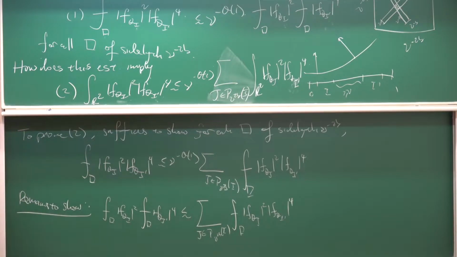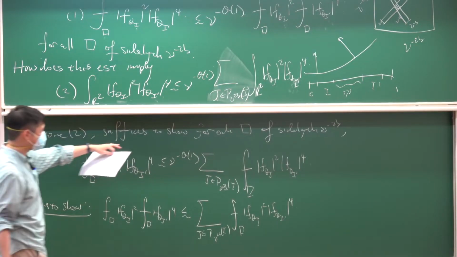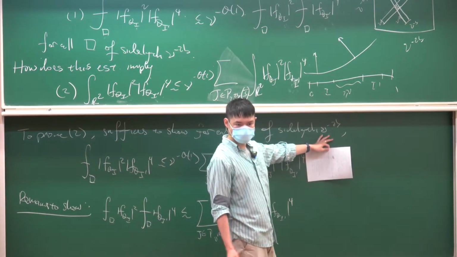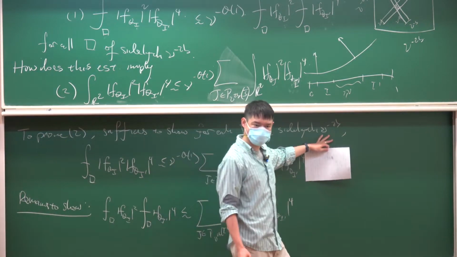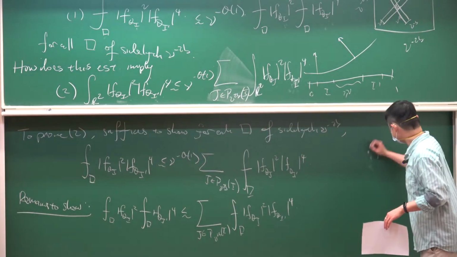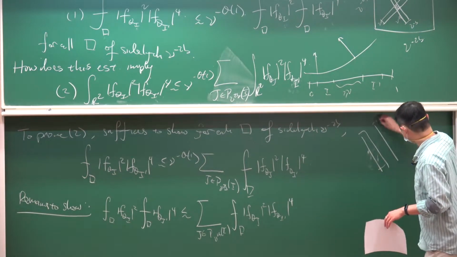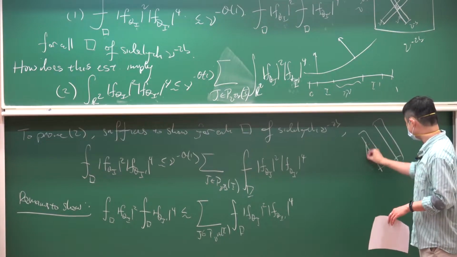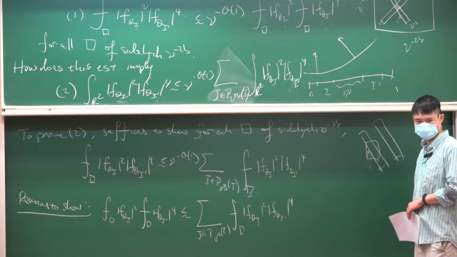So f theta I prime, or f theta I prime, they basically look like things of size nu to the minus b by nu to the minus 2b. To capture that data, you need to work on squares of size nu to the minus 2b. If you work on squares of too small length, let's say f theta I looks like this, and you work on a small box, then you're only capturing part of the data.